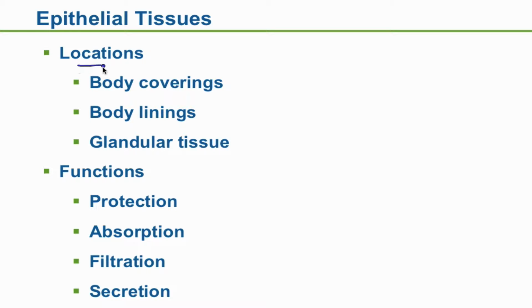For the locations, I'd like you to write down body coverings, body linings, and glandular tissue. Then the next column over, under the functions section, you'll write protection, absorption, filtration, and secretion.